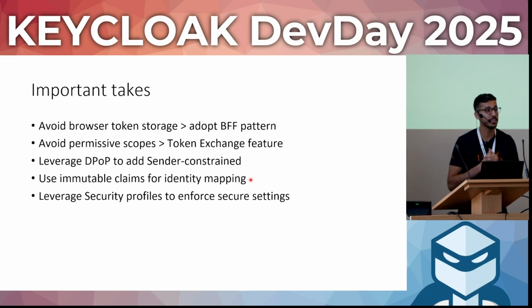Luckily for us, it's already supported by Keycloak, so we need to take advantage of this security feature. And when it comes to identity mapping, we need to make sure that the claims that we are using cannot be changed down the road.